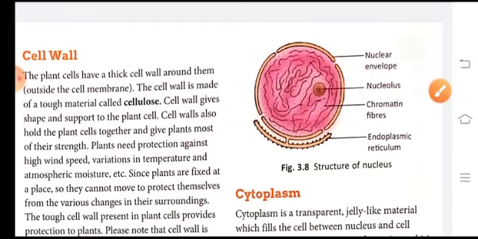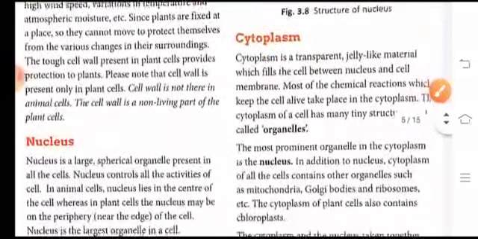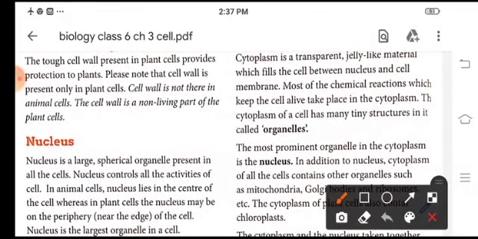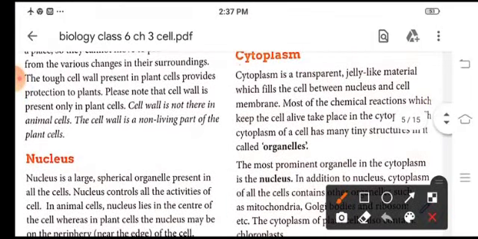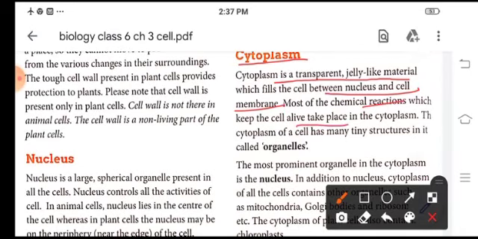Next basic part of the cell is the cytoplasm. The cytoplasm is a transparent, jelly-like material which fills the cell between the nucleus and the cell membrane. Most of the chemical reactions take place inside the cell and it keeps the cell alive.